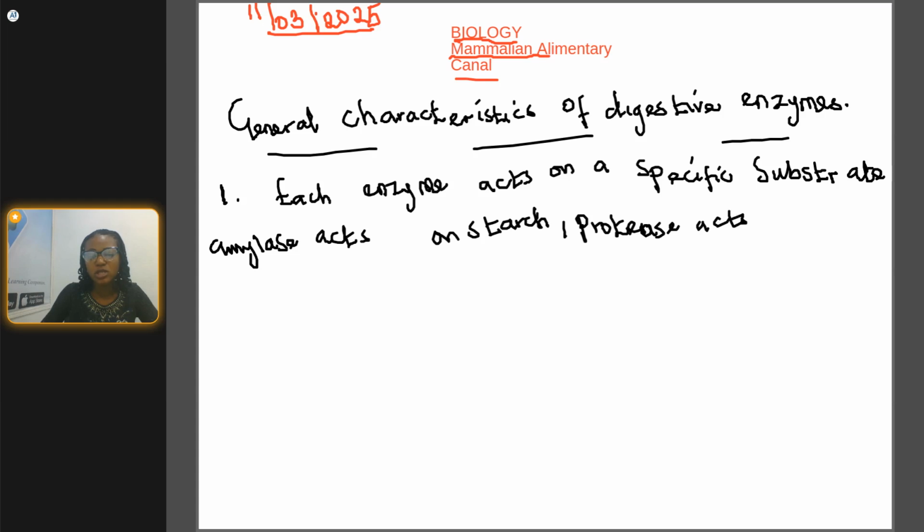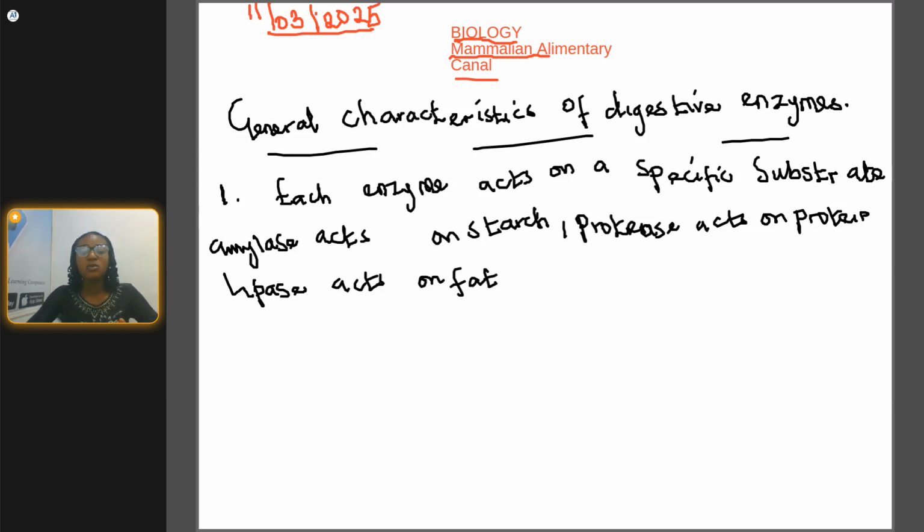We have the lipase, which acts on fat and oil. So the enzyme secreted depends on the type of food that you take in. That is one of the characteristics of digestive enzymes.